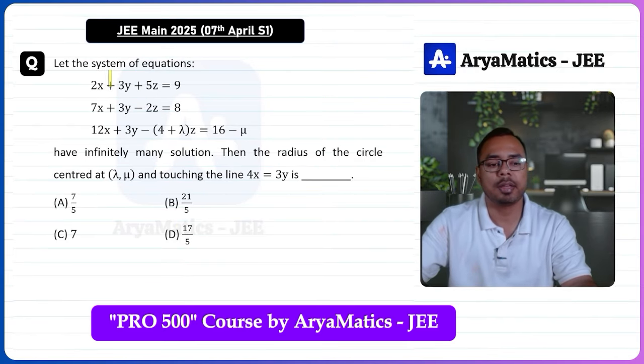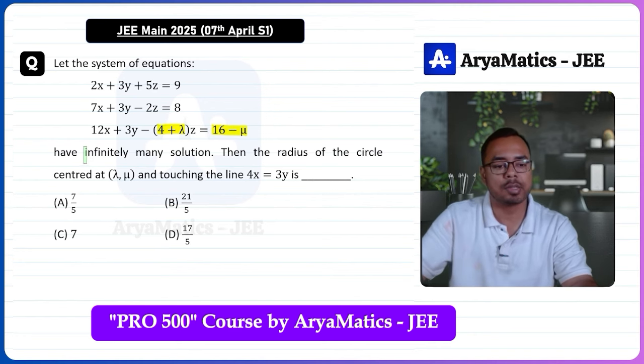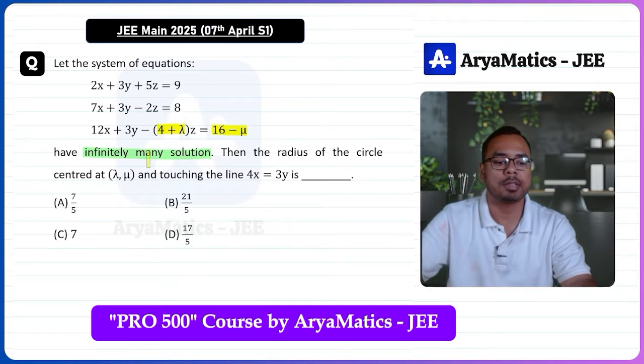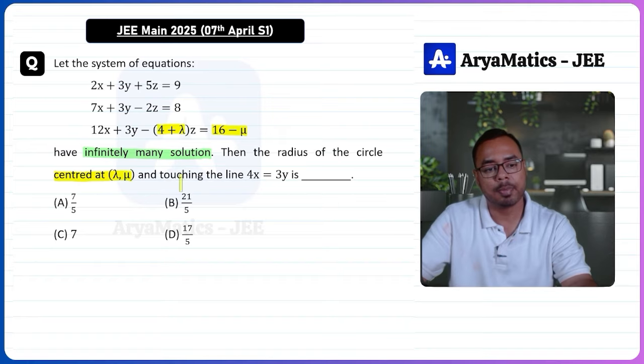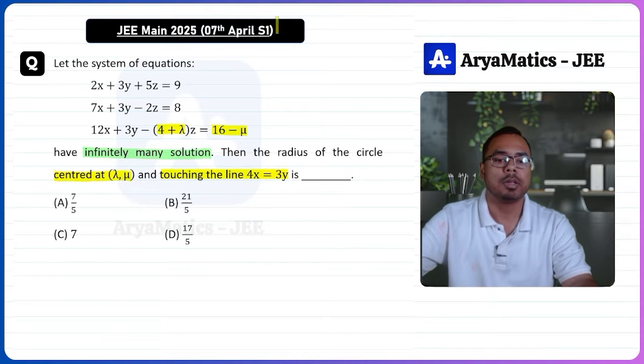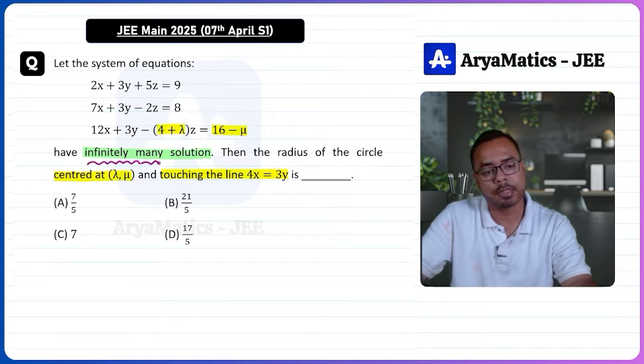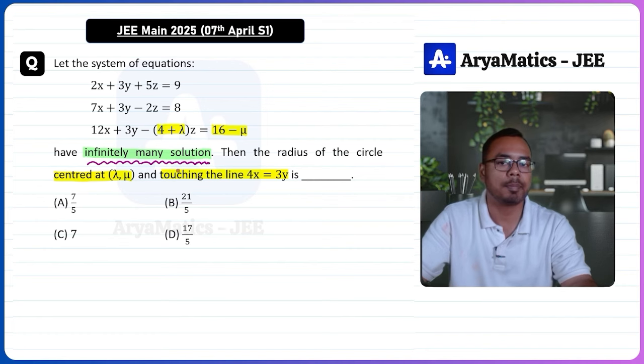Consider this system of linear equations. There are three equations in three variables, and in equation 3 there are two unknowns, lambda and nu. It is given that this system of linear equations has infinitely many solutions. Then we have to find the radius of the circle centered at the point lambda nu and touching the line 4x equals 3y. So basically from here we have to find the values of lambda and nu using the condition that this system has an infinite number of solutions.